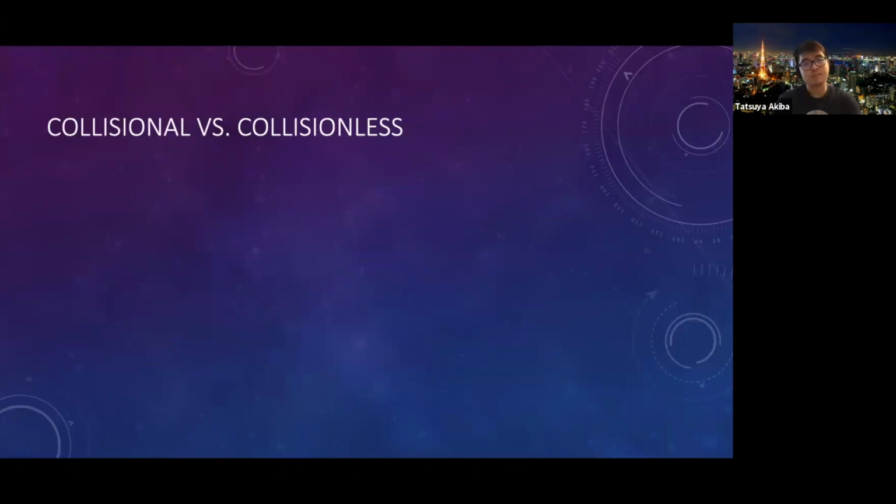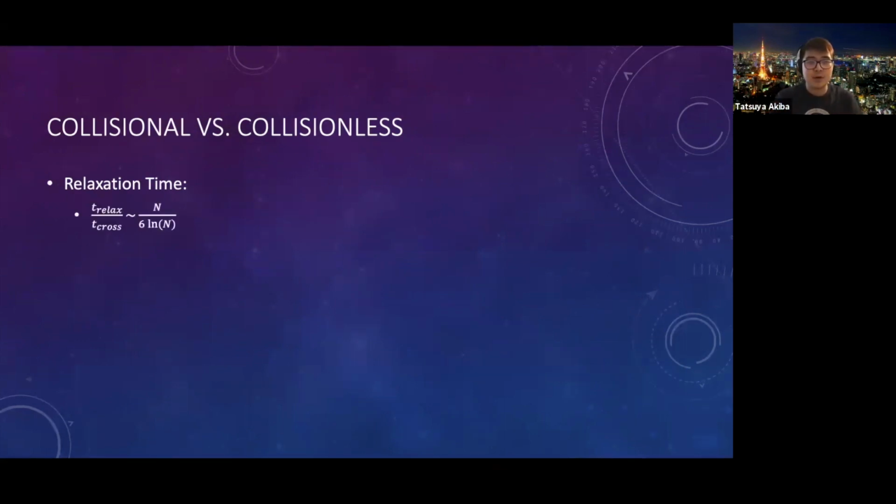Okay. In terms of collisional versus collisionless n-body simulations, we talked about this thing called the relaxation time, which is essentially the time it takes for collisions to come into play and let the particles relax, right? They're going to forget the initial conditions they started with because collisions happen and they relax. This is the relaxation timescale.